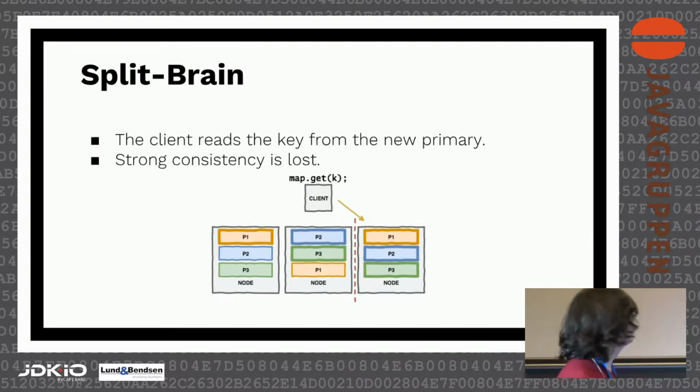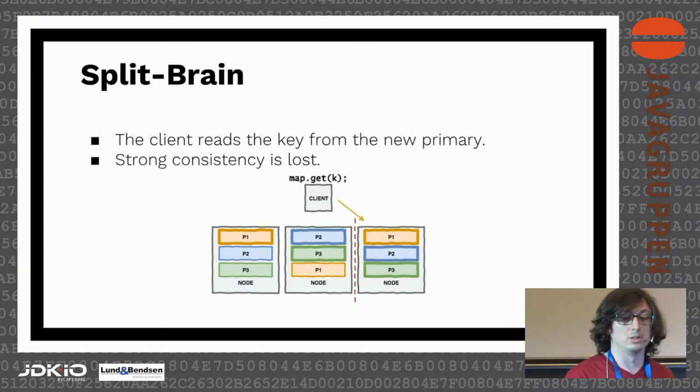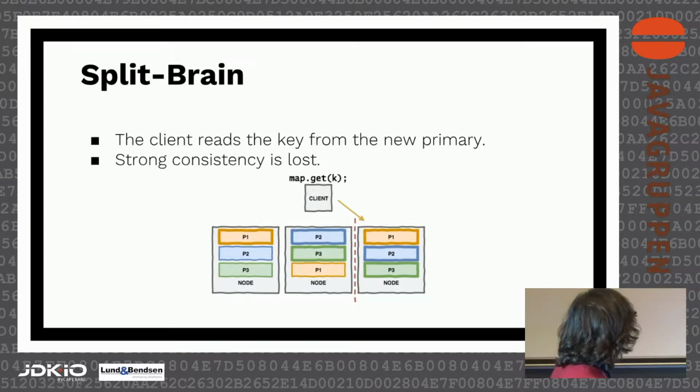In this case, my client sends the same GET request for the same key again. So I'm again trying to read the value of the key, but this time I only talk to this single node here because I cannot communicate with the other nodes. I have 2 options here. One option is that we refuse to let this third node execute this operation and we lose availability.